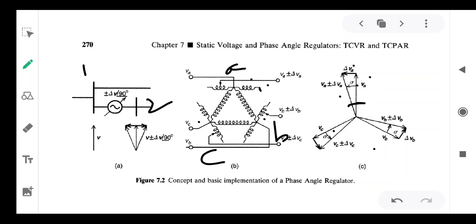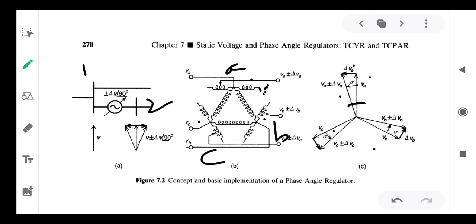When it is controlled with 90 degrees, so this 90 degrees phase shift is provided with this connection. When it happens, the delta VA is subtracted or added with VA at 90 degrees. So you can provide the control over angle.